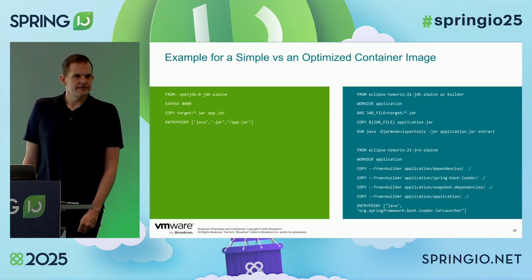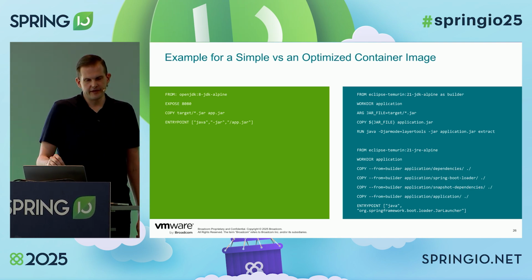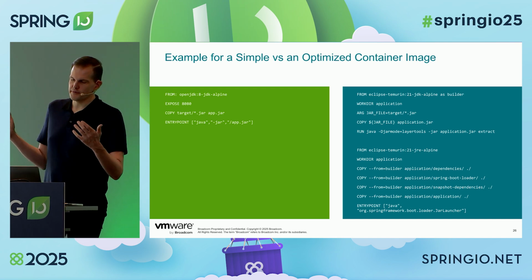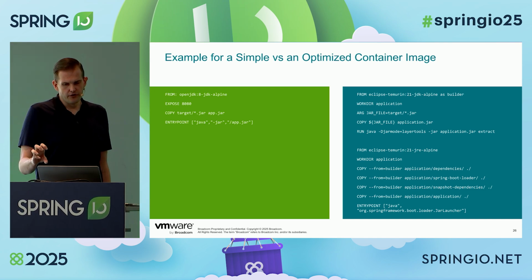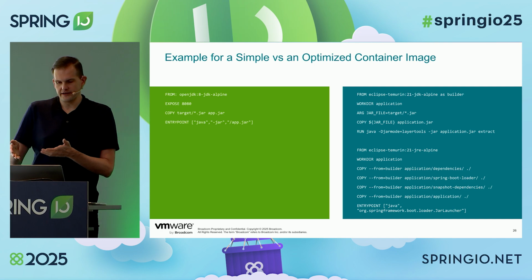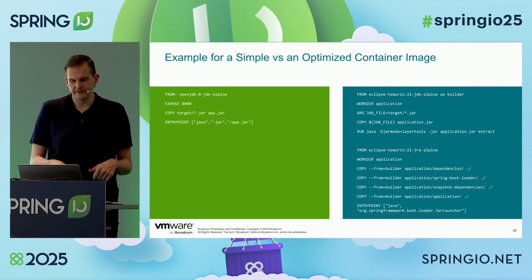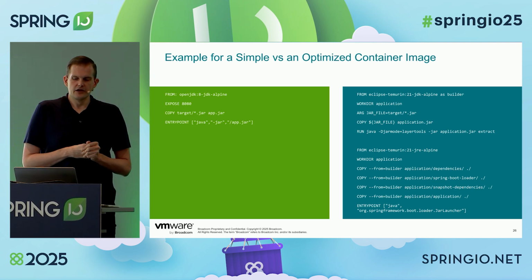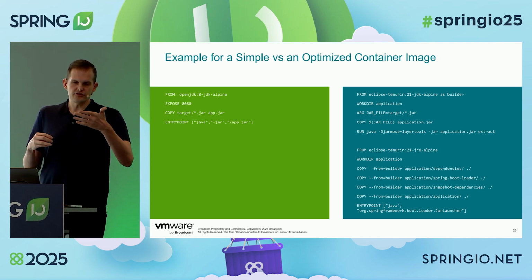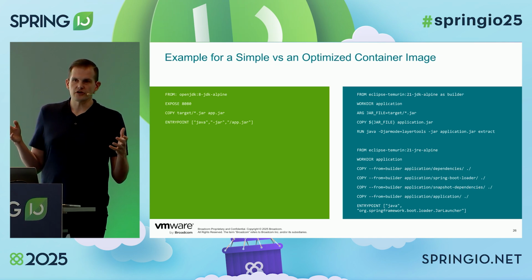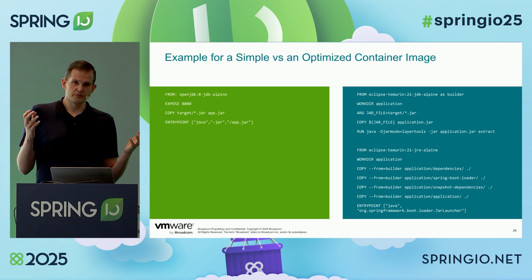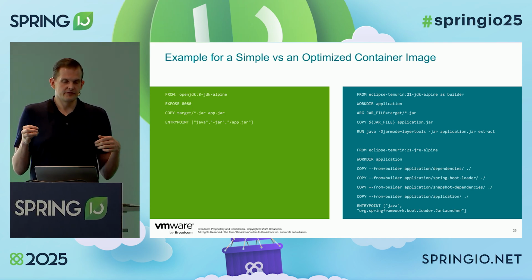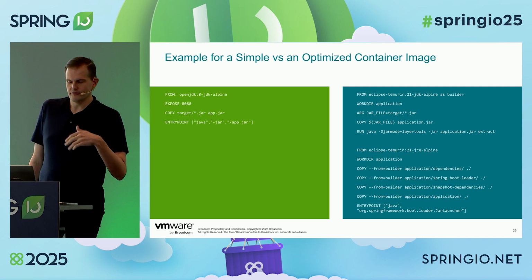This is how a more advanced container image looks. First we have a multi-stage build, because the JDK has an additional attack vector and is also bigger. We first use the JDK to maybe build our application, or in this case, run the layer tools extract mode to extract our application into different layers, and with that we get the benefits of container caching, which is really relevant not only for your computer, because with this caching you have less disk used for frequent later builds.